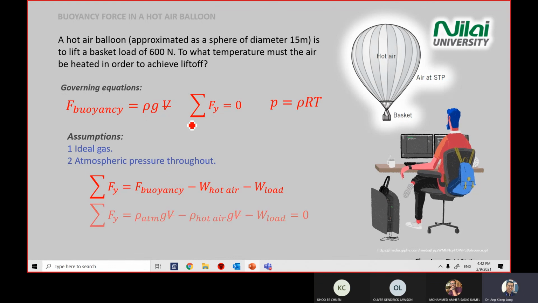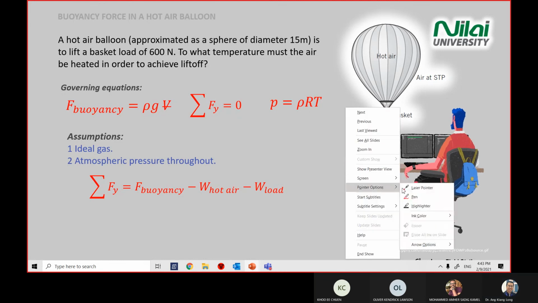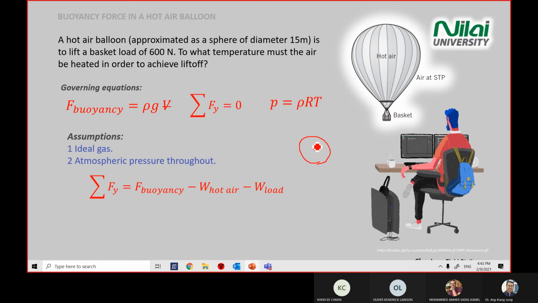Let's see if I include the free body diagram. Oh, there's no free body diagram. Okay, so if you draw a free body diagram, we assume that this one is a sphere. So we have a load, W load. And then we have a buoyancy force, FB.